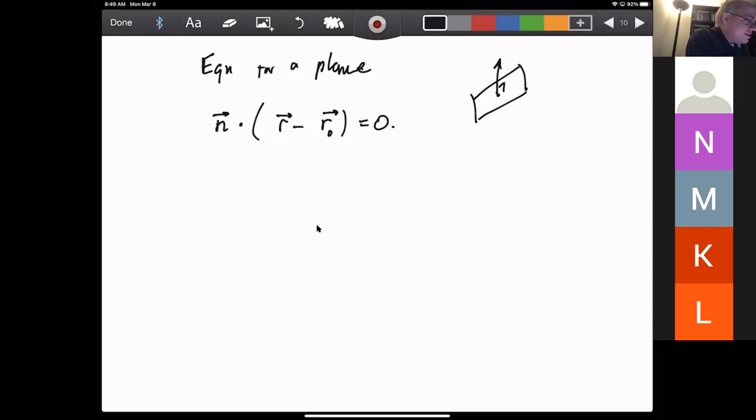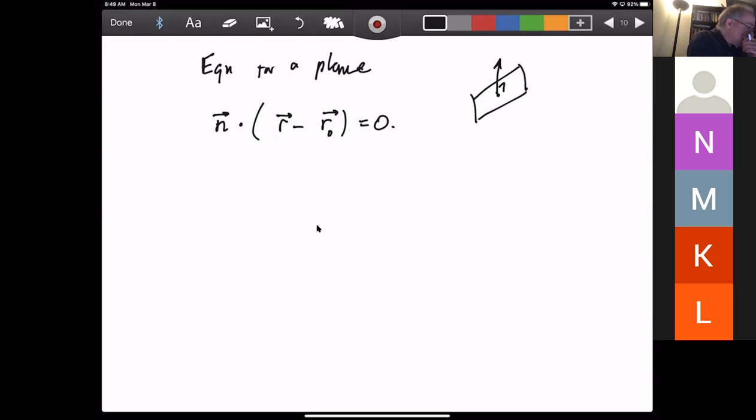So in this equation, n is your normal vector, r0 is the position vector of some arbitrary known point on the plane. The r vector just has components x, y, and z. That's the position vector of a different arbitrary point on the plane.